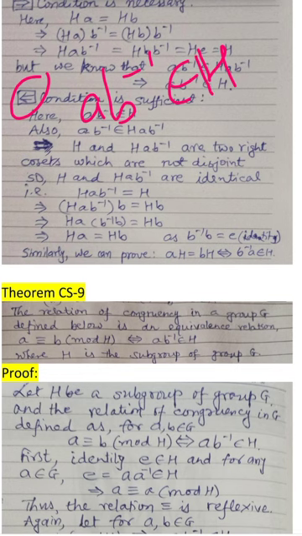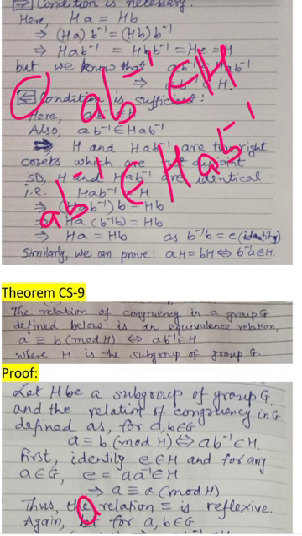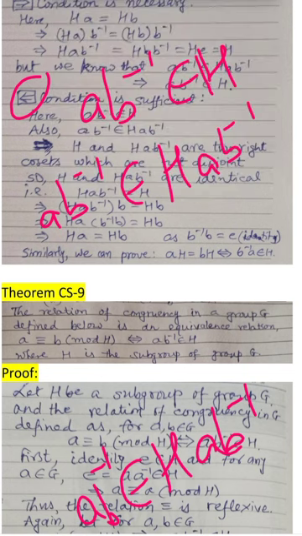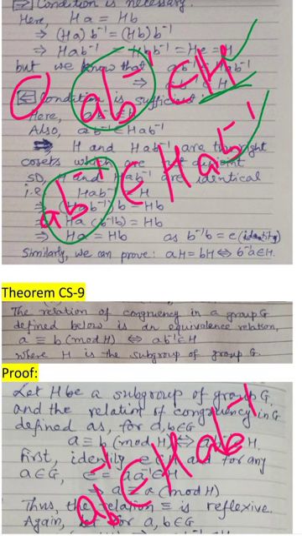Also we know that AB inverse is the member of HAB inverse, because you know that A is the member of right coset HA. It means AB inverse is the member of right coset HAB inverse. But this shows that AB inverse is the member of H, and AB inverse is the member of HAB inverse also.